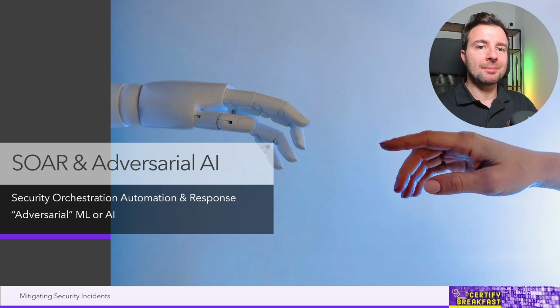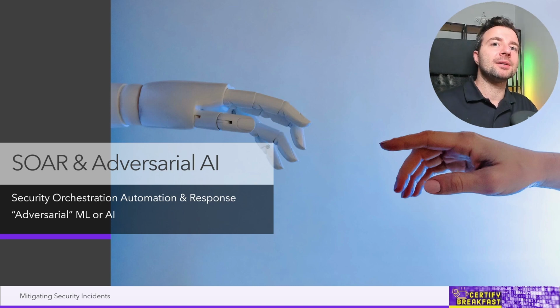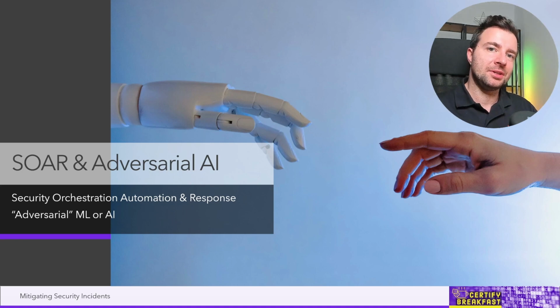So whenever we're talking about orchestration, because basically this is orchestration of security incidents, right? We're automating the response to security incidents. And the lists of tasks that need to be executed whenever this automation kicks in, now these are called runbooks or playbooks.